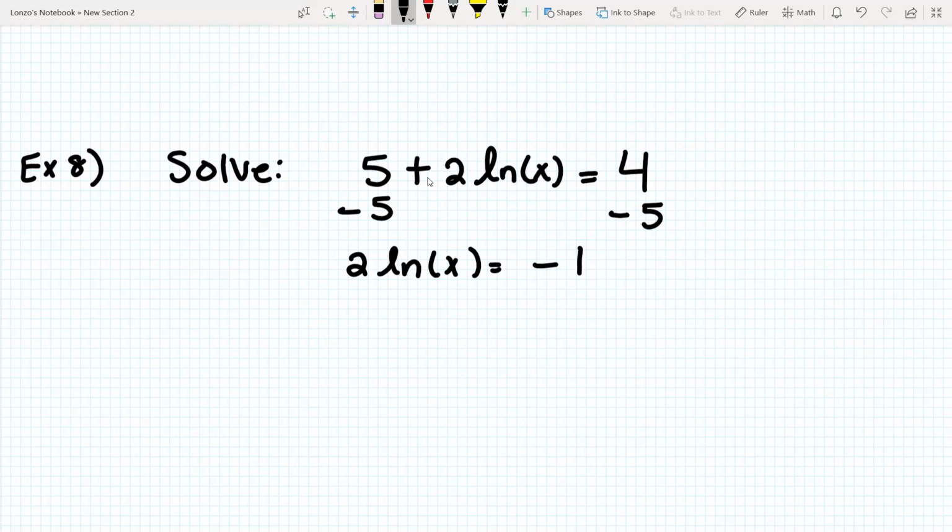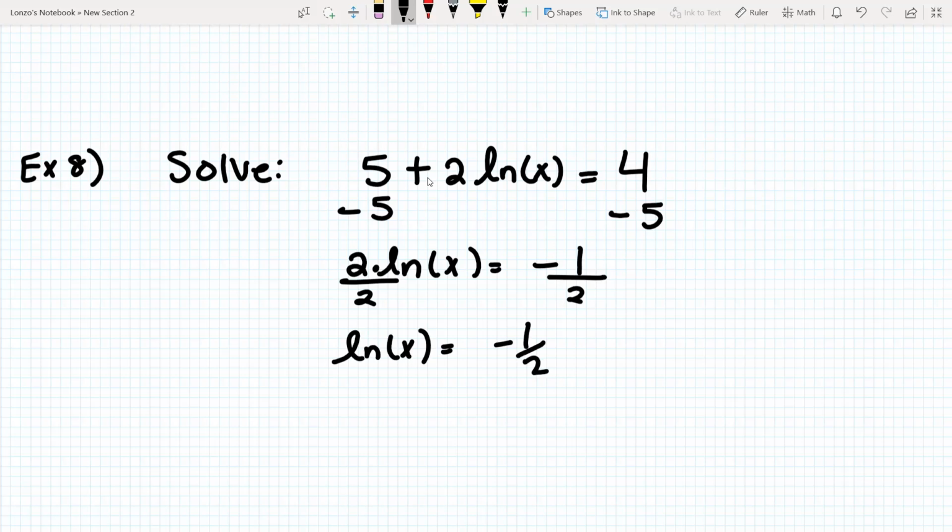Then the next step I would do is get rid of this 2. And since this is multiplication, the opposite of multiplication is dividing. So we get ln of x equals -1/2, right? So now we want to solve for x. So I have to get rid of this ln to solve for x.